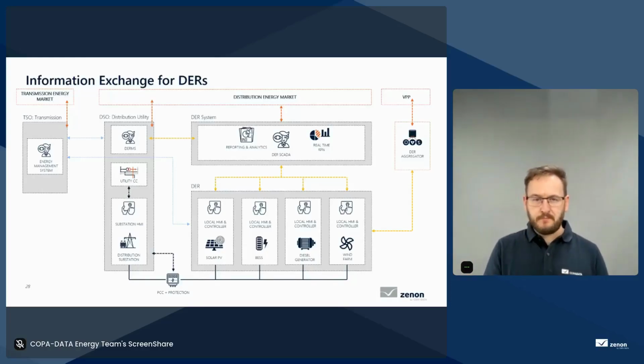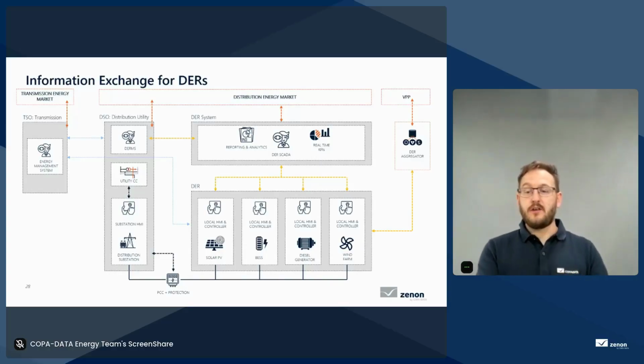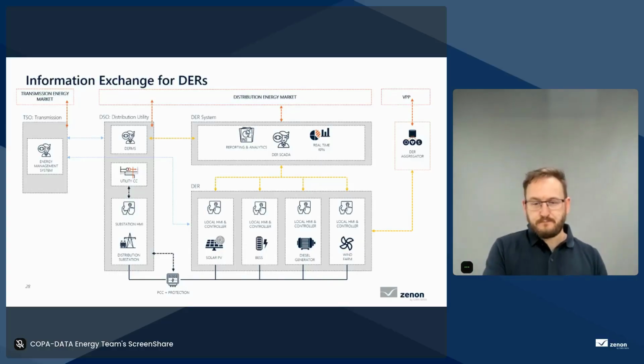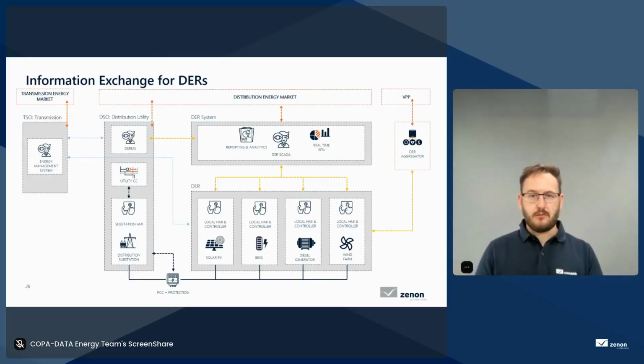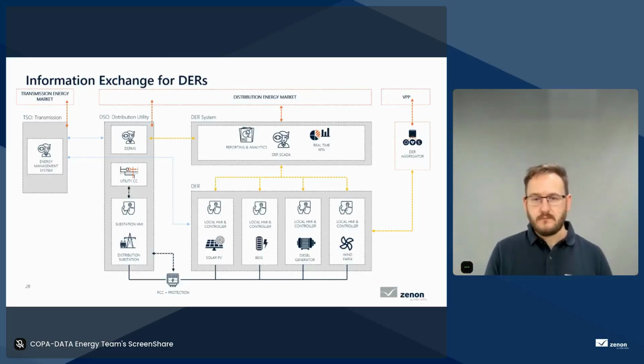We have a solar PV, battery energy storage, a diesel generator, and a wind farm, each potentially with their own out-of-the-box HMI, local HMI, and a local controller. What we can do with Zenon, and a lot of restrictions can be seen with these local offerings.